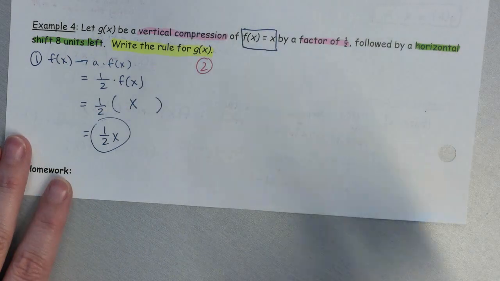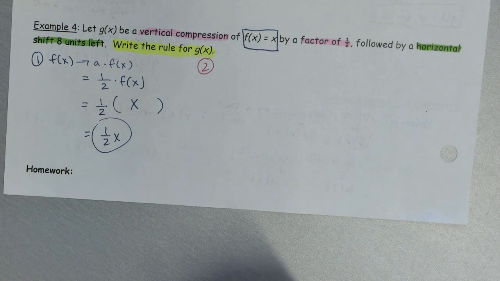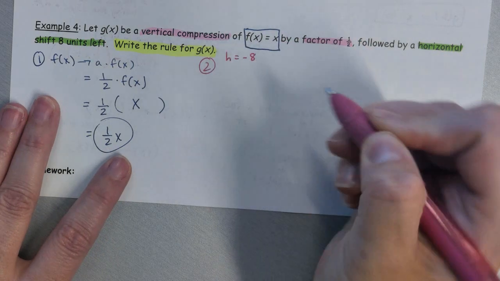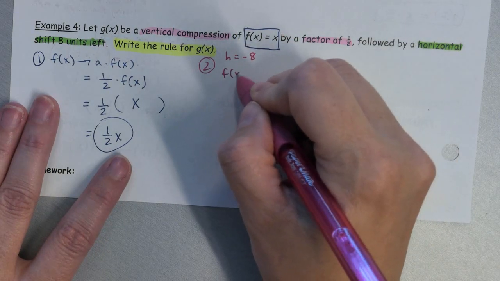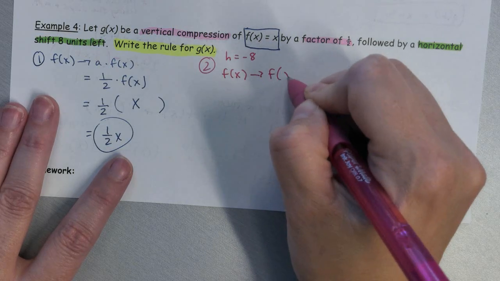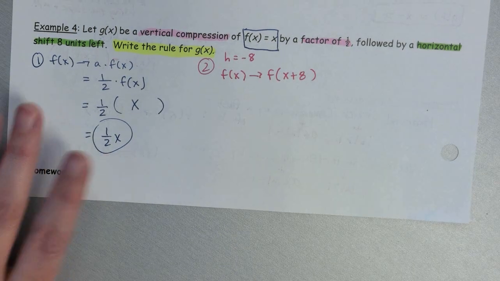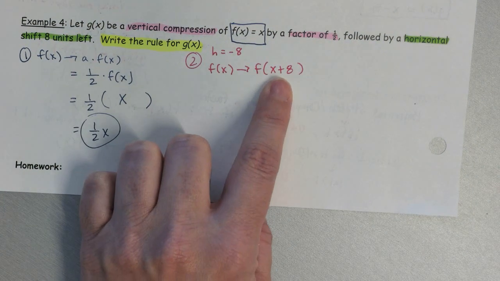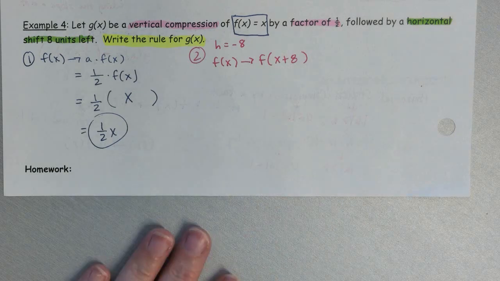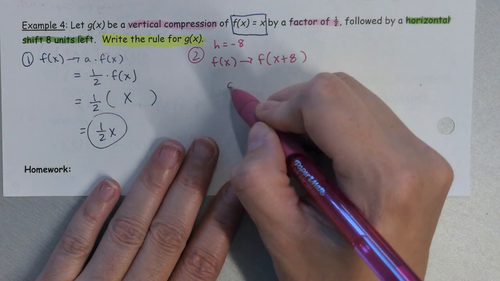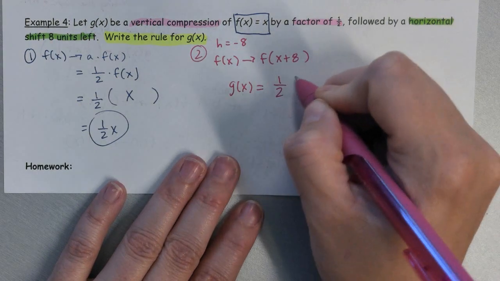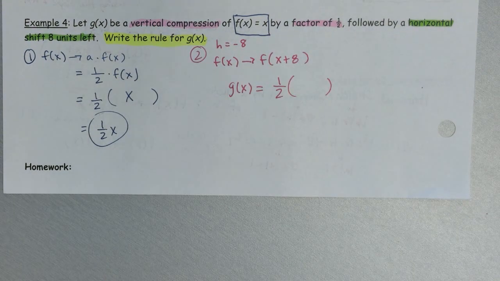So for step 2, it's a horizontal shift, 8 units left. So remember, that's where your h is -8. So this is f of x. And I'm fine if you just skip to this rule. As you practice, you're going to know right away, oh yeah, if it's negative, that means it's going to be opposite. It's the plus, because you're going to the left. Okay, so then your g of x is 1/2 times x.